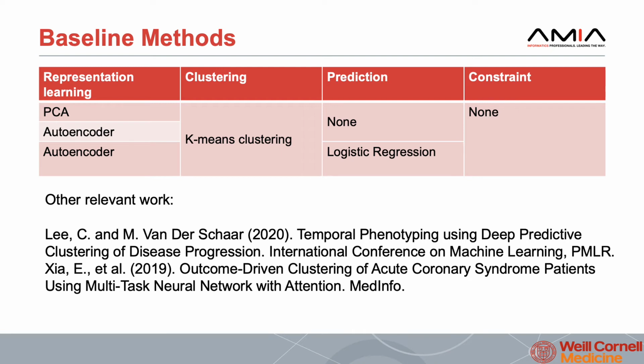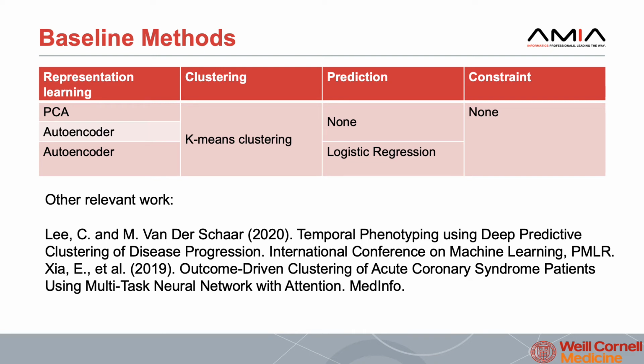None of these baseline methods included the constraint that DICE has on enforcing statistical significance across clusters in terms of their outcome ratio.